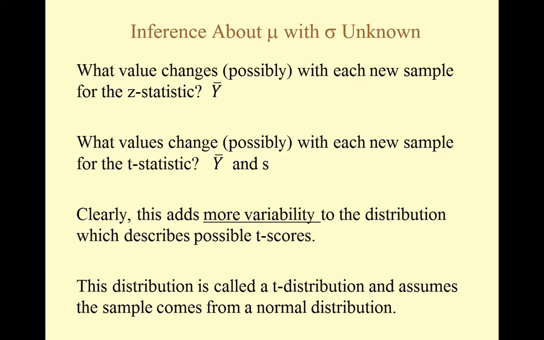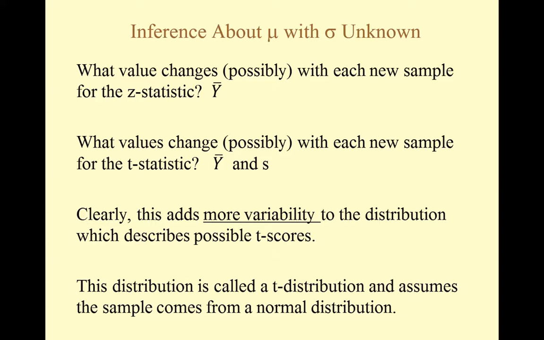Well, think about which values possibly change as you take different samples for the z statistic. Y bar is the only value impacted by the sample. Whereas in the t-score, what could change?